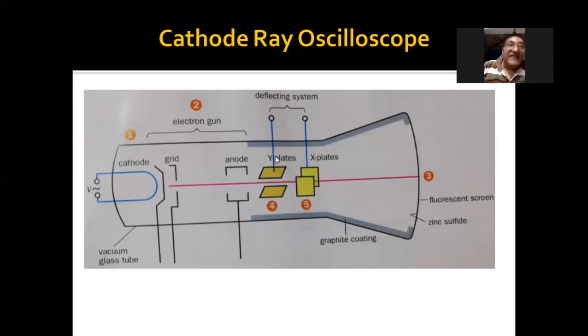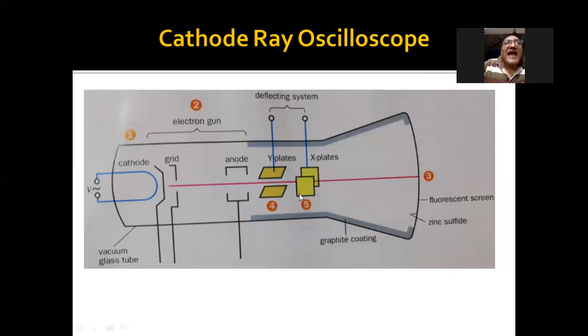But if voltage is provided, the beam will move vertically, up and down. So the vertical motion of the beam on the screen is controlled by the Y plates.